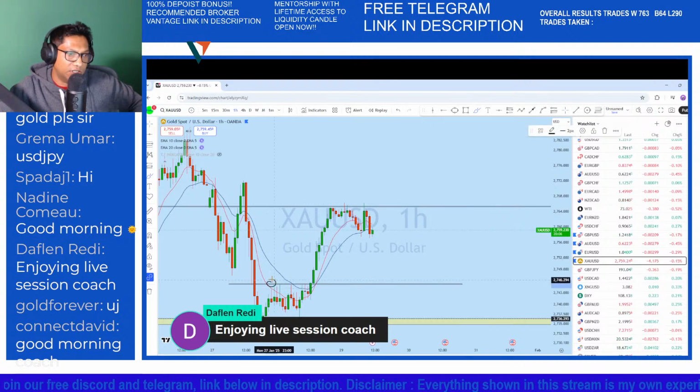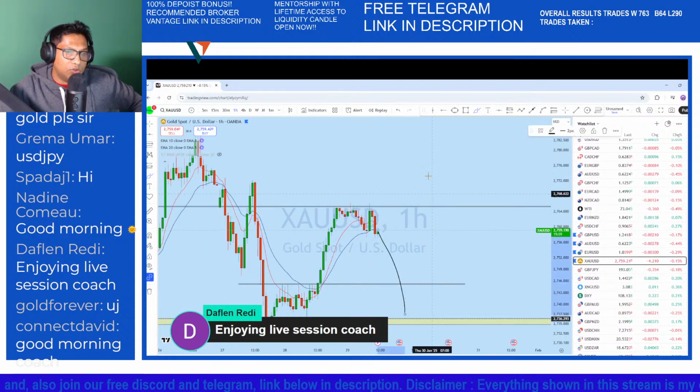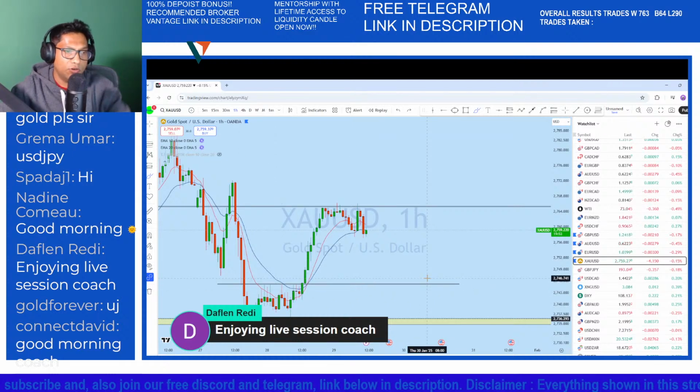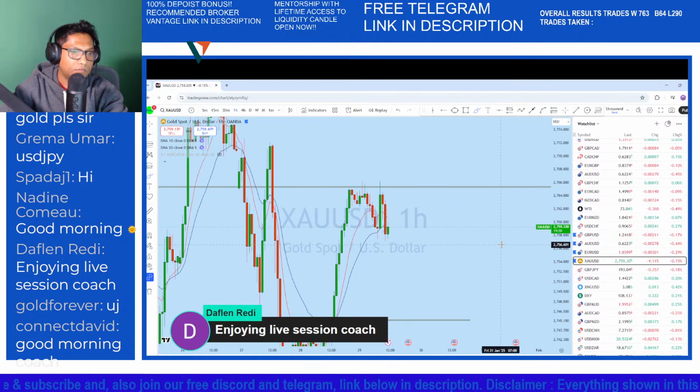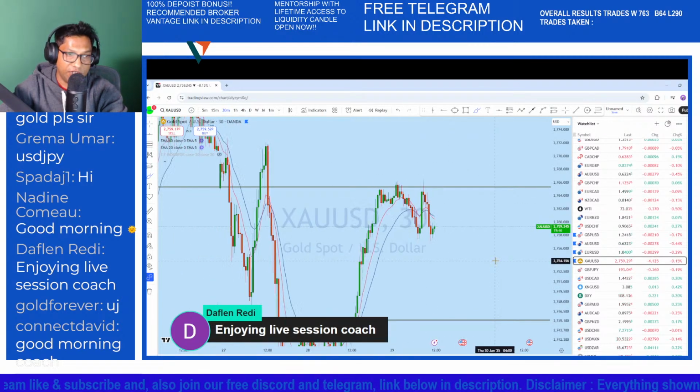So you can see this is a resistance here, resistance here, resistance here, which is turning support here. Wanting to see that it's coming to that level where important resistance turns support, and would like to see that the market trend has changed here.